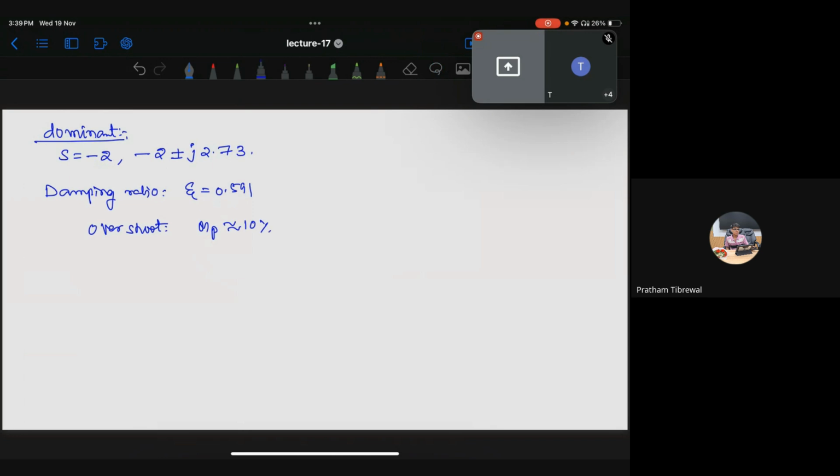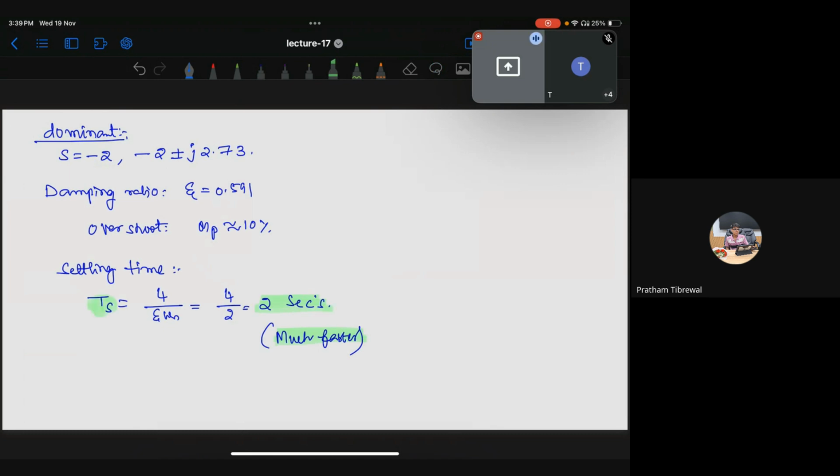What is the settling time finally? Ts equals 4 by zeta omega n, which is 4 by 2, so almost 2 seconds. This is much faster, 2 seconds.